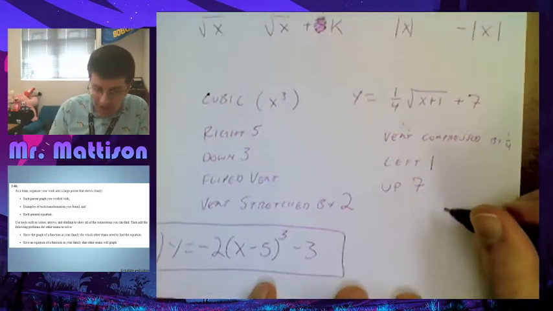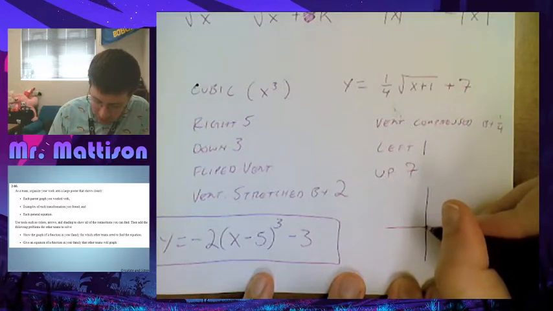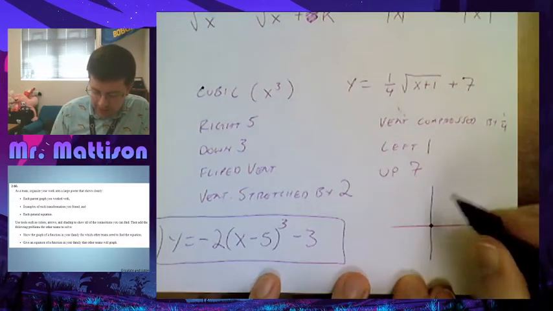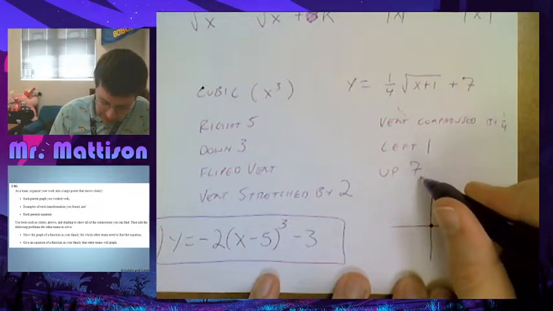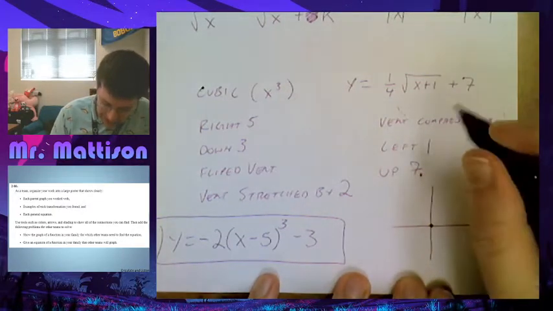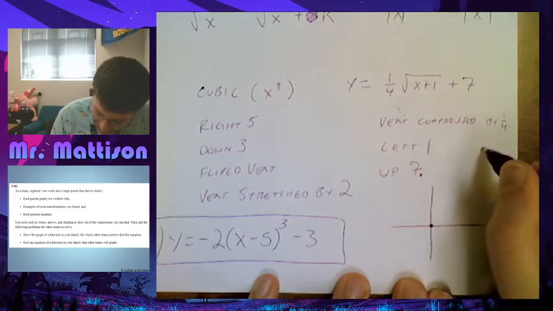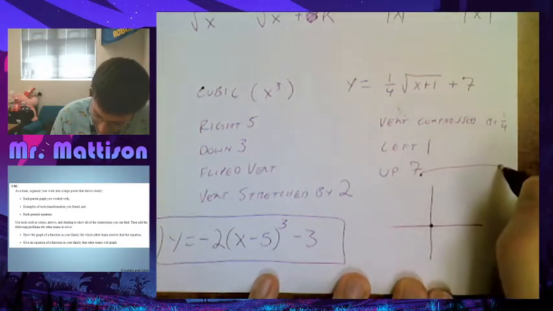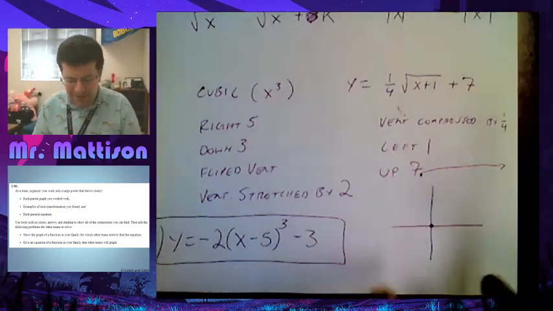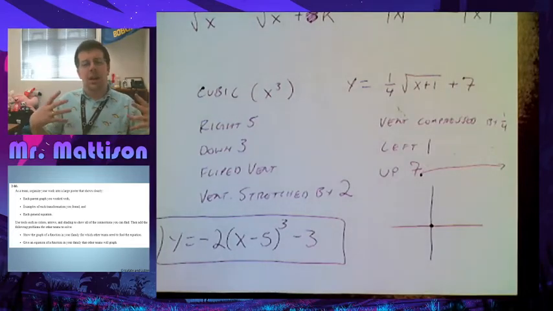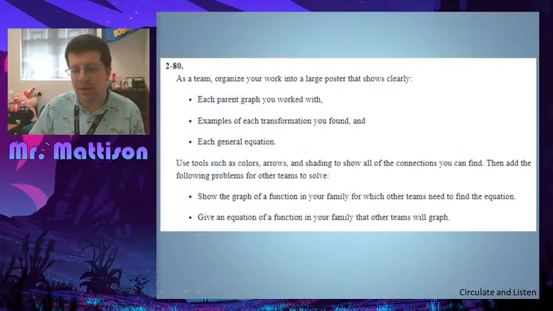So if I wanted to actually graph that, I could sketch a graph. Here's where it normally would start. So I'm going to go left 1, up 7. It's going to start there, but now it's going to be compressed by 1/4, so as opposed to more like that, it'll be a lot flatter like that. So I can get a decent sketch just off of that. Is my sketch perfect? No, but it gives me all the important parts just from looking at the equation, and that's where I want you to be right now.